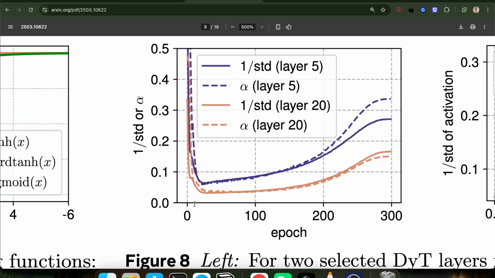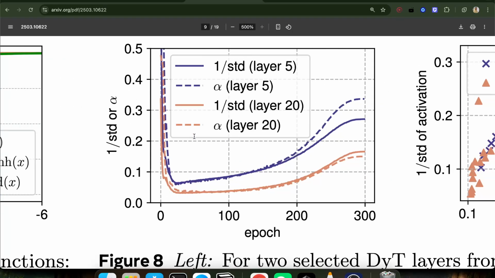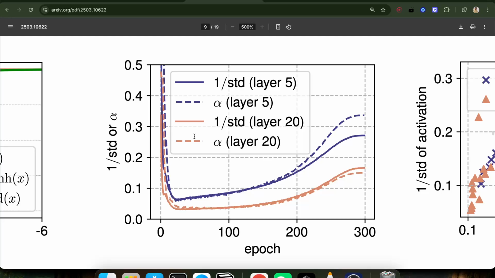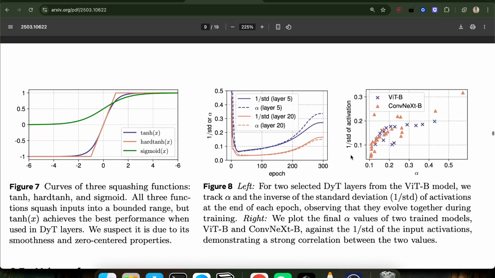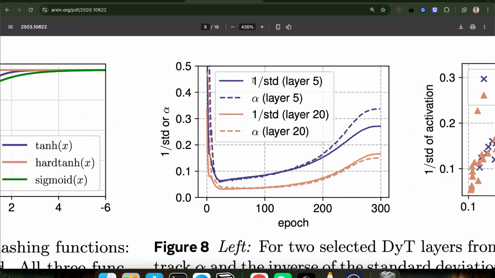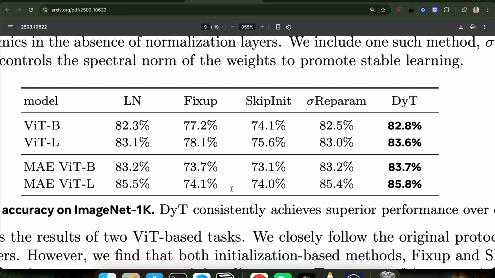So that means that alpha in some way acts as a counterbalance to standard deviation. So you can say that alpha is learning the value, or approximate value, of 1 over standard deviation to better normalize the vectors. Then they compare dynamic tanh not only with layer normalization but with other stabilizing methods.